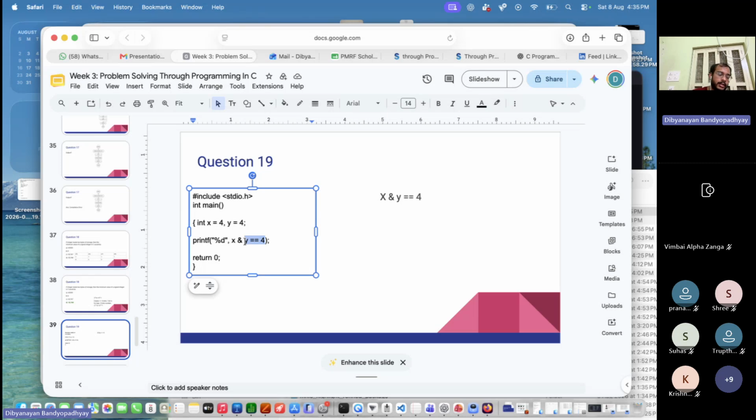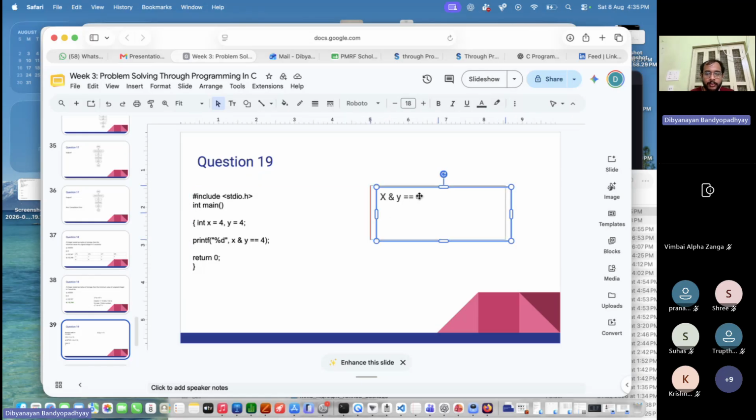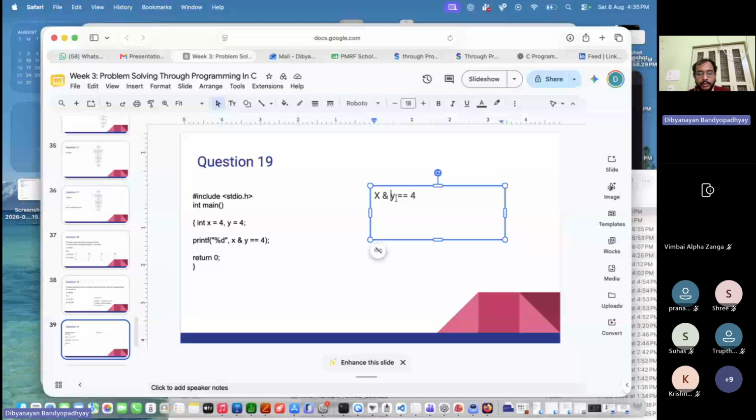But now we have to understand what the precedence is. Precedence means which operator will be evaluated first. So this is the overall expression, and this has higher priority than this. This is a bitwise operation. I'll explain what a bitwise operation is, but before that, you have to see the precedence. By precedence, this is the thing that will be evaluated first.